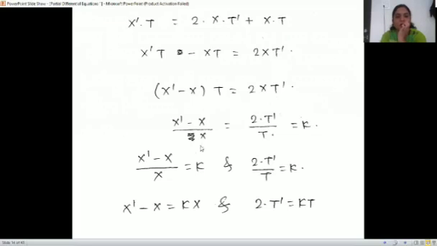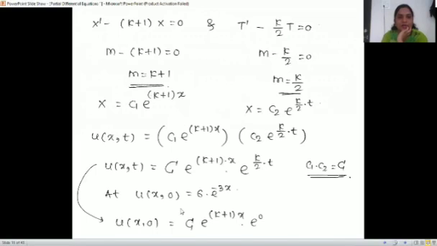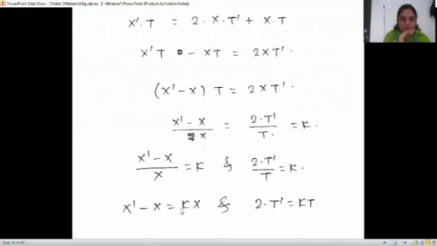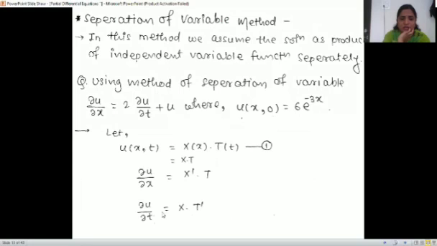So solving this first ratio, X dash minus X upon X is equal to k, and this is also equal to k. From this we get X dash minus X is kX, and from the second, 2T dash is equal to kT. Solving further, we take X to the LHS.